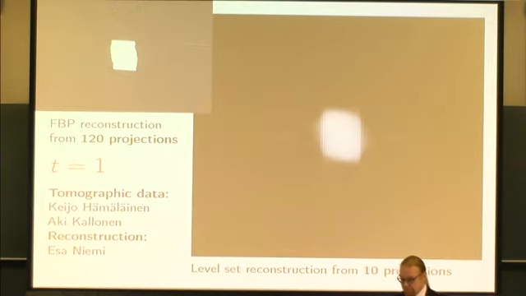So you can imagine something that changes in time like this, but each time frame we can just fix, let it be, rotate it. In this picture we have taken 120 pictures and did filtered back projection just to show how the object looks. Let me now show you the level set reconstruction.